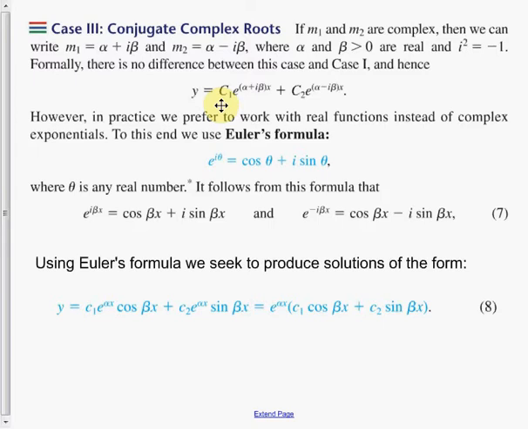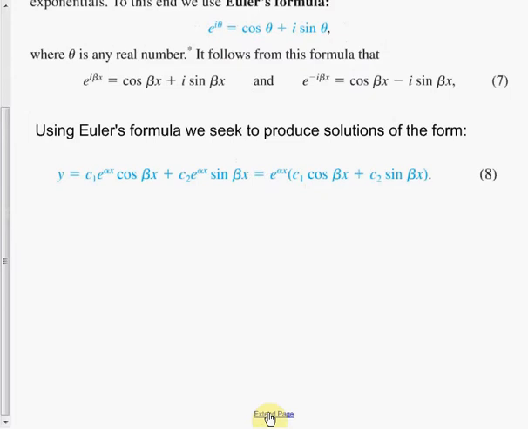So if that be the case, then we want to be able to write the solution for a complex conjugate case of a differential equation with constant coefficients in terms of cosines and sines. Let me show you how that is done, and just look at how we get it, and listen. What I go over, it's possible that it could be a test question itself, because it is necessary that you know why we write answers in certain ways in this particular class.